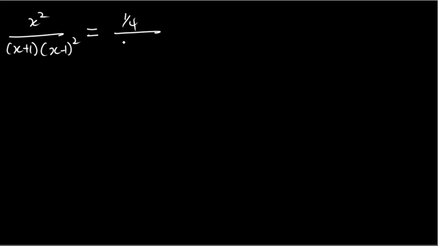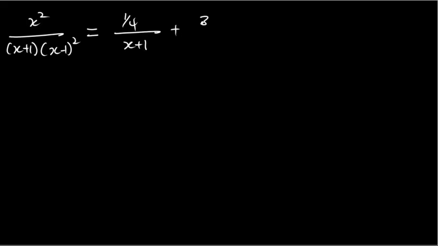Are we okay? So our final answer, can we say x squared on x plus 1, x minus 1 all squared is the same as our a, which is 1 on 4, x plus 1.